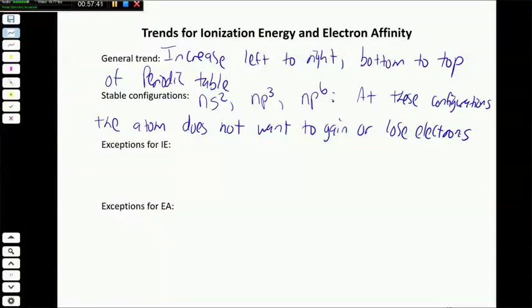So the exceptions for the ionization energy and the electron affinity occur in the same parts of the periodic table. They just work in the opposite direction. So ionization energy refers to loss of an electron. So when you get to those groups that have stable configurations, your ionization energy is going to be exceptionally high.